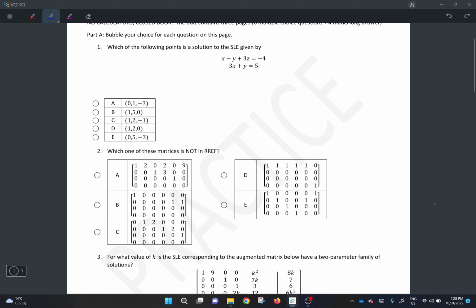So I'm going to make a little check area for option A. I'm going to plug it into equation 1 and equation 2.